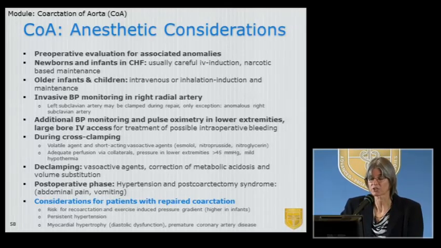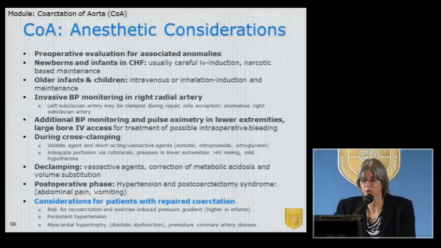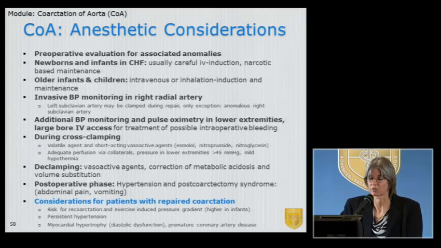During the cross-clamping, make sure that you use volatile agents and short-acting vasoactive agents, esmolol, nipride, nitroglycerin, to maintain the blood pressure usually 20 to 30 to 40% over your starting pressures to allow for adequate collateral perfusion if you have collaterals. Some would measure the pressure in the lower extremities to keep it over 40 millimeters of mercury.